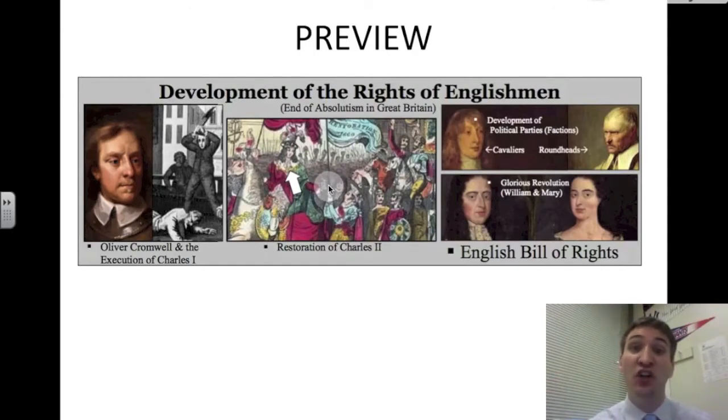Monarchy returns to Great Britain after Oliver Cromwell's rule is bad. And you're going to see throughout the course of the Civil War, political parties, aka factions, develop. The Cavaliers siding with the king and the Roundheads siding with Parliament. And you're going to see the Glorious Revolution, where King William and Queen Mary agree to share power with Parliament.